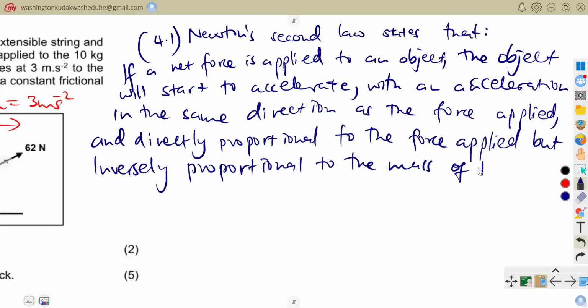So that is what Newton's second law tells us.